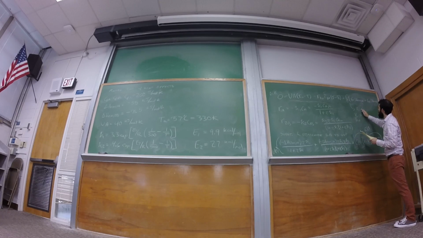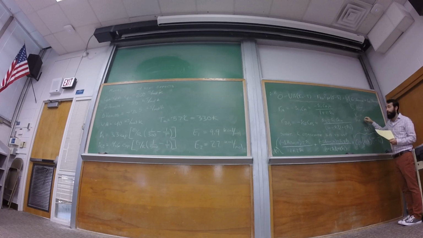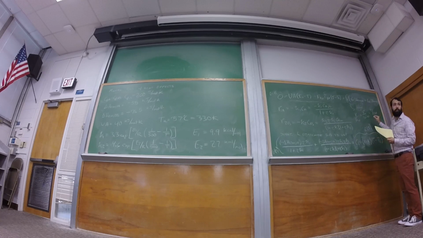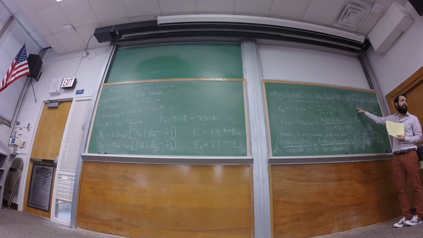Not this, sorry, I had that backwards. Tau over C A naught. Volume divided by the initial flow rate is equal to the volume divided by the initial volumetric flow rate times C A naught, which is equal to tau over C A naught. So yeah, the C A naught times V is tau. Does that help? That's a good question though.